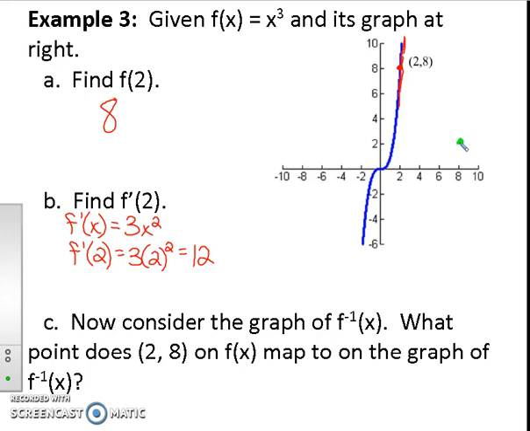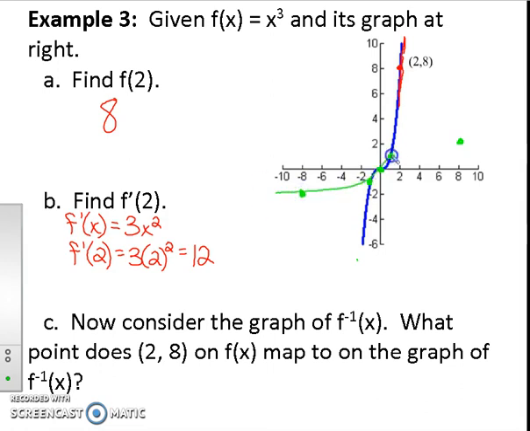I can also think through some other points that are on x cubed. For example, the point (1, 1) would stay (1, 1). The point (0, 0) would stay (0, 0). (-1, -1) would stay (-1, -1). And then we would also have a point down here at (-2, -8), but it would become (-8, -2).